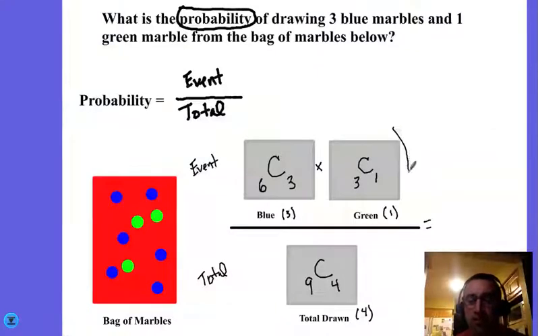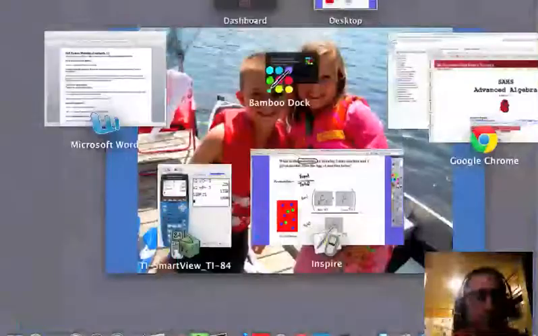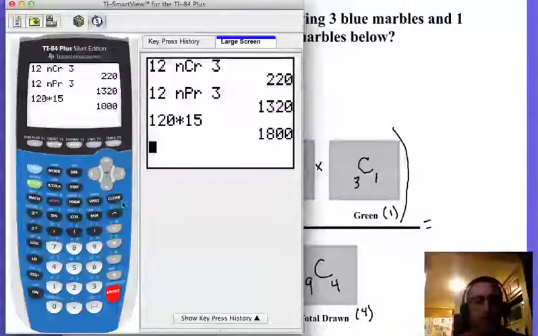Now if I use parentheses, I can enter this in on my calculator. So let's finish up here. Clear our calculator out.